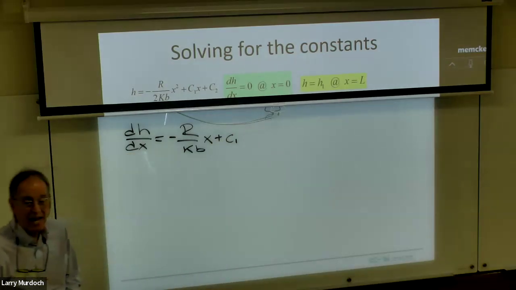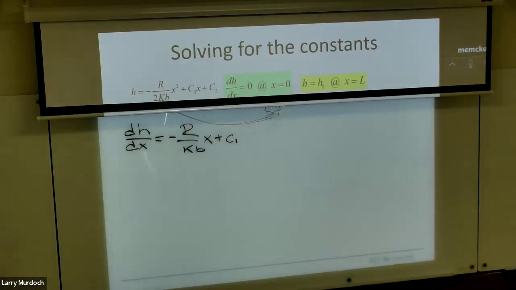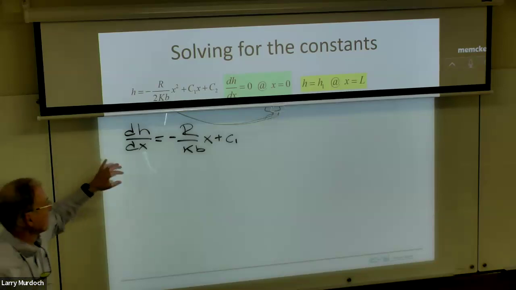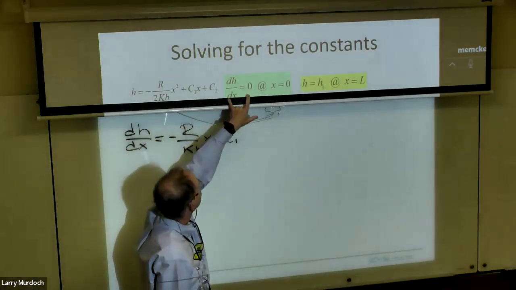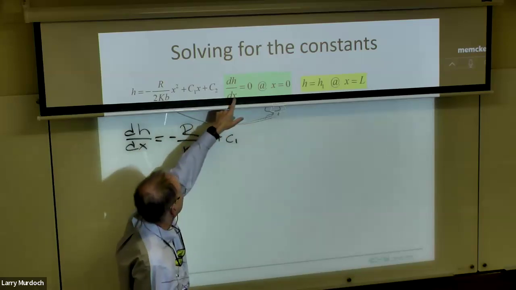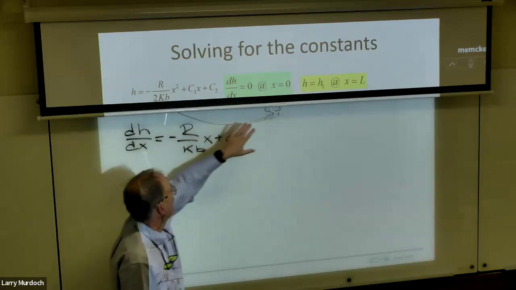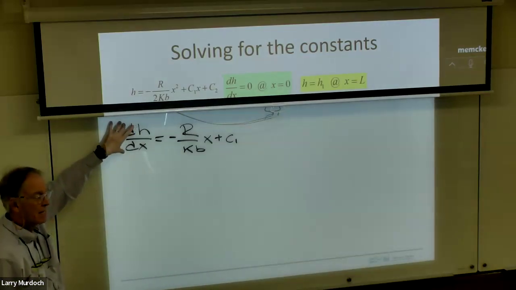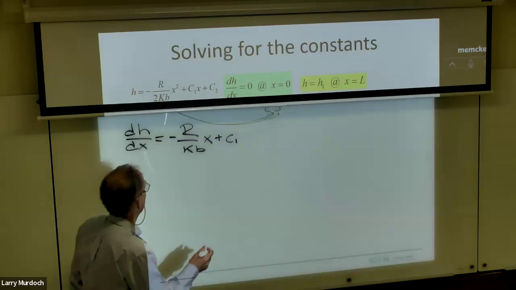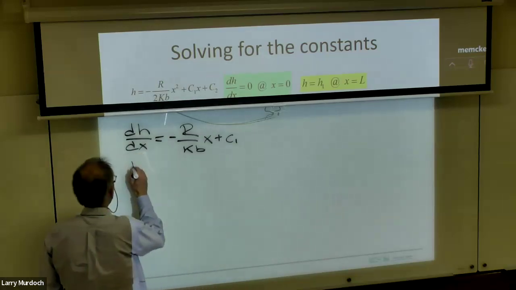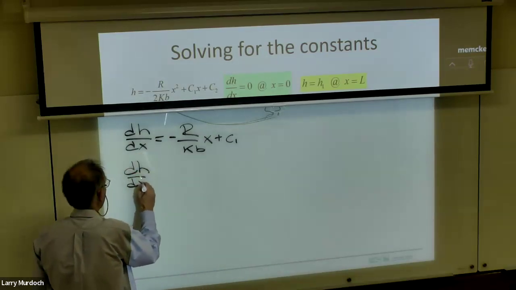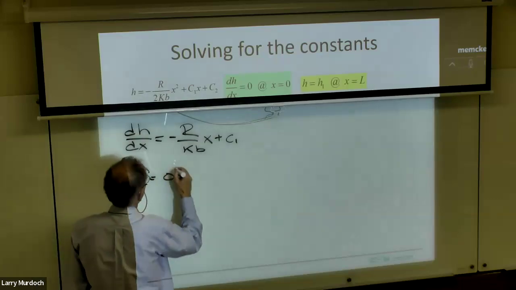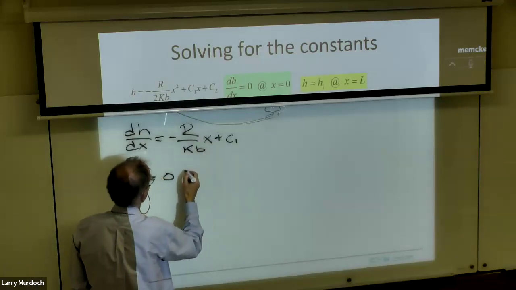And if we look back on the previous page when we integrated it first, we got that first step, we got that, right? So this boundary condition says that dh/dx is equal to 0 at x equals 0. So here's dh/dx. We just say that this dh/dx is going to equal 0 when x equals 0.